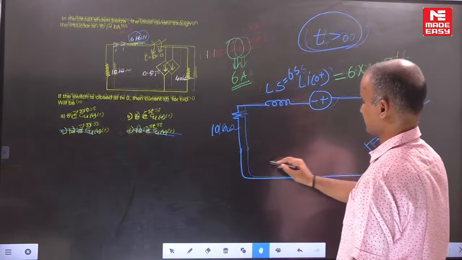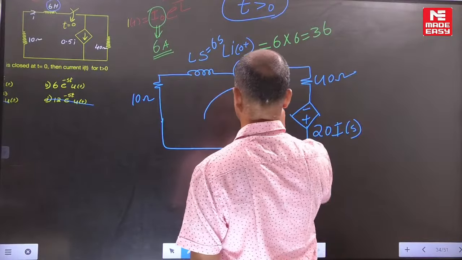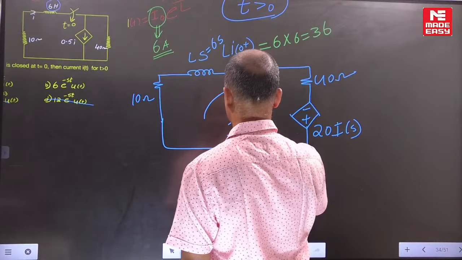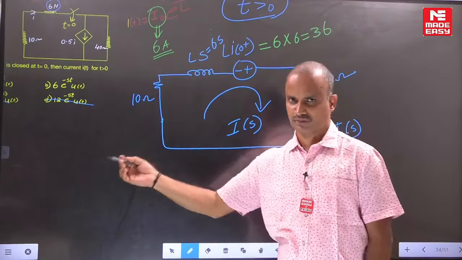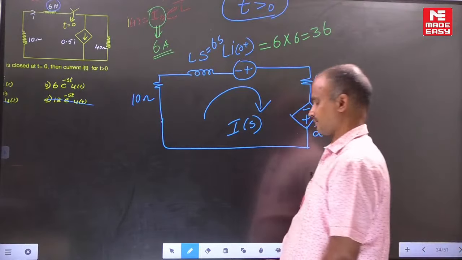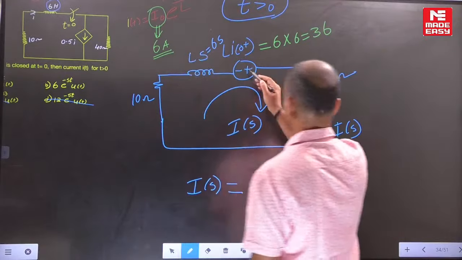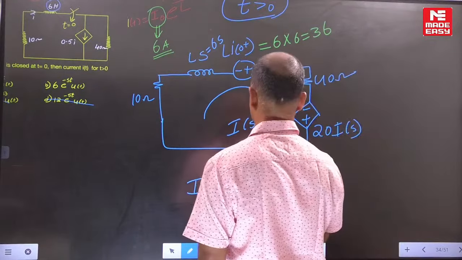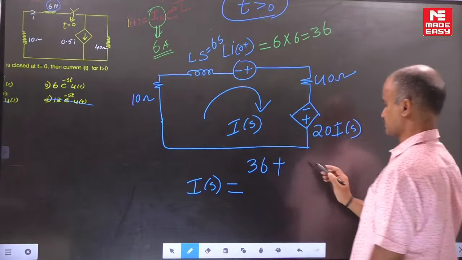Now in the data itself, given I of S, any method you can follow, but I suggest the time constant method. To get the idea, I am using the Laplace steps also. Here I of S equals, with plus minus meaning addition, 36 plus 20I.